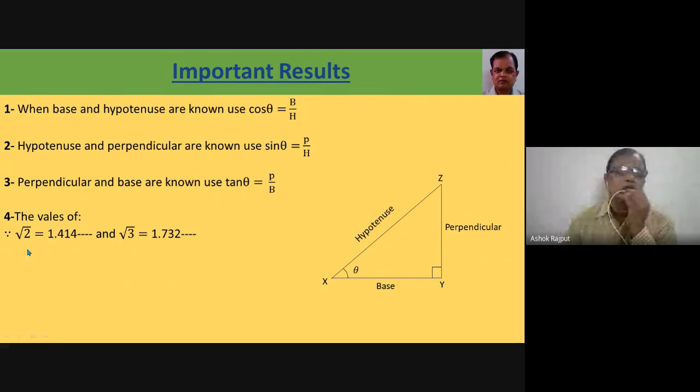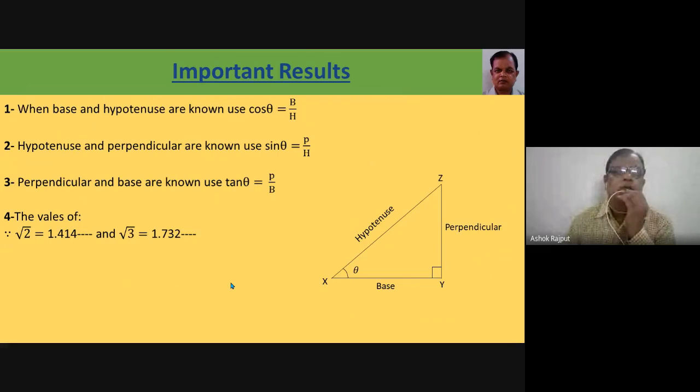Value of root 2 equal to 1.414 up to infinity, and root 3 equal to 1.732 up to infinity, because these are irrational numbers. Now we are going to the next, and I will explain some examples where we use these rules.